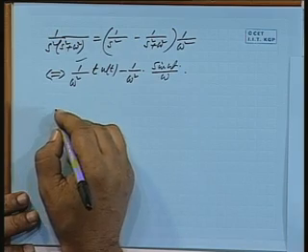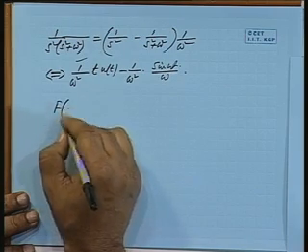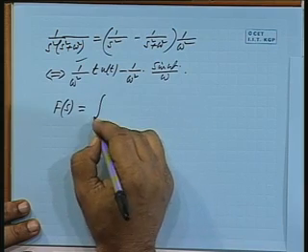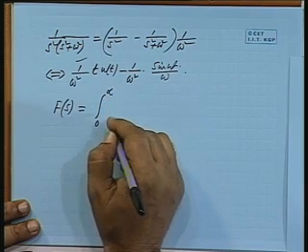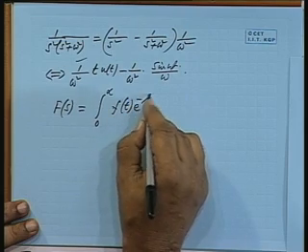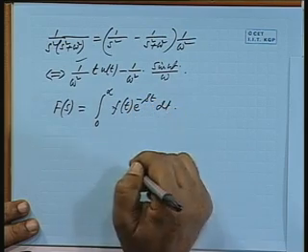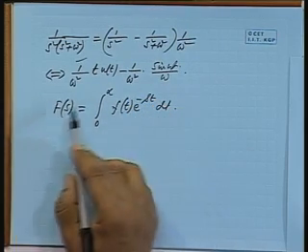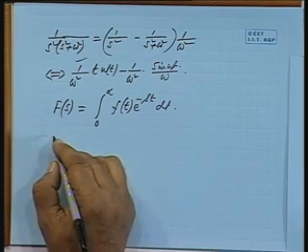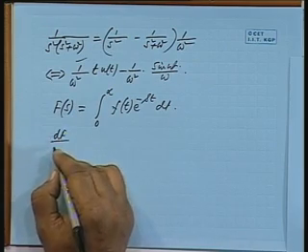Another important property we will derive now. By definition we have the integral of f t e to the power minus s t dt. The common variable is s. If I differentiate with respect to s, what do we get?